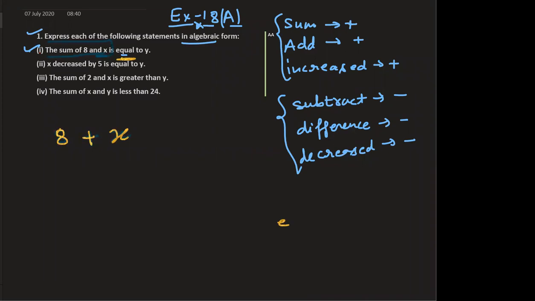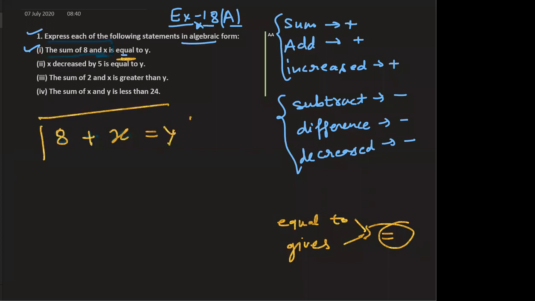Equal to means whenever the question says equal to or the question says gives, both mean equal. You have to use the sign of equal. So we will write 8 plus x is equal to y. This is the algebraic expression that you have to write. Okay, 8 plus x is equal to y.